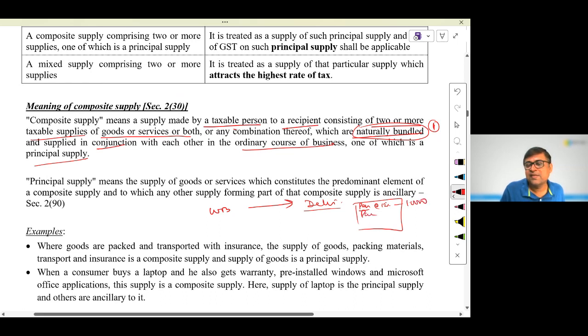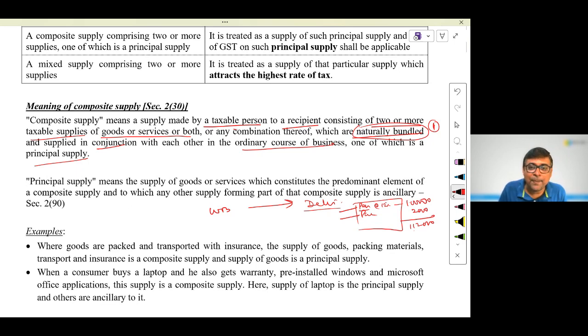For packing charges, say 2000 rupees. Altogether, it is 1,12,000. I'm supplying goods as well as services. Now, identify whether this bundle is a case of composite supply or a mixed supply.